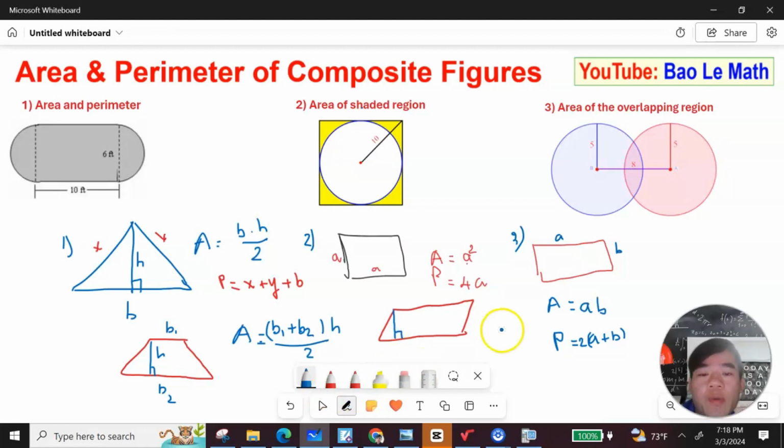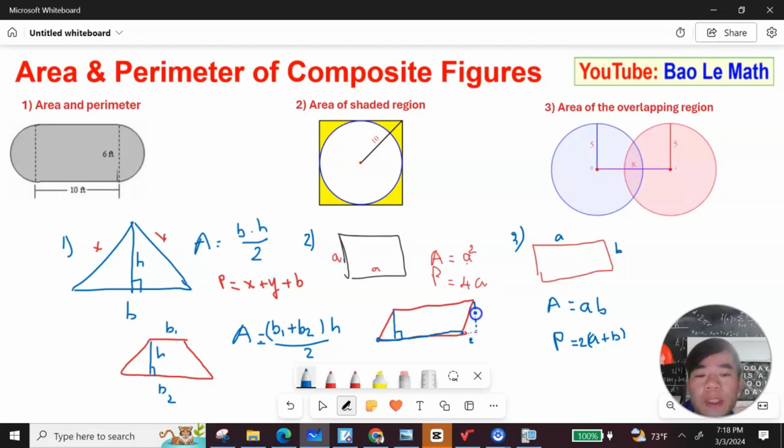The height could be outside the figure, and I just extend the base. Be careful, the base is from here to here only. Sometimes they give you a side length as a distractor, so don't count it. You just count from here to here.